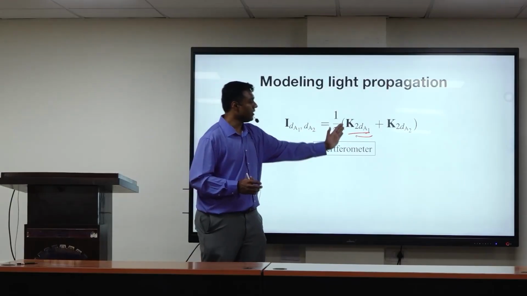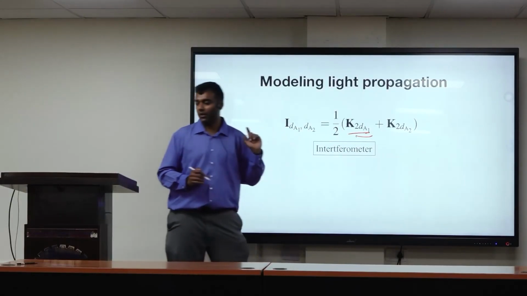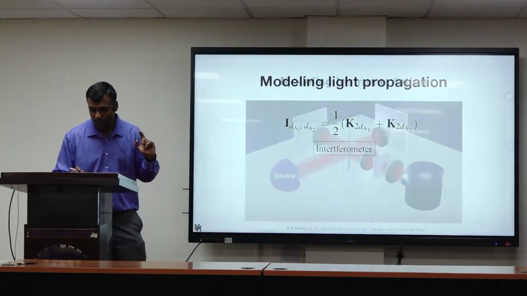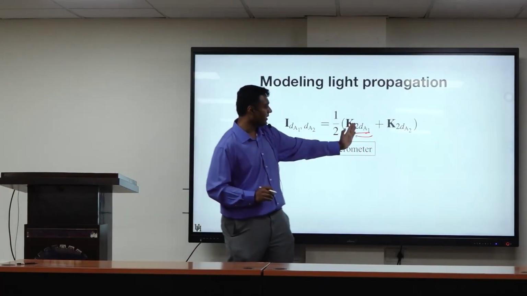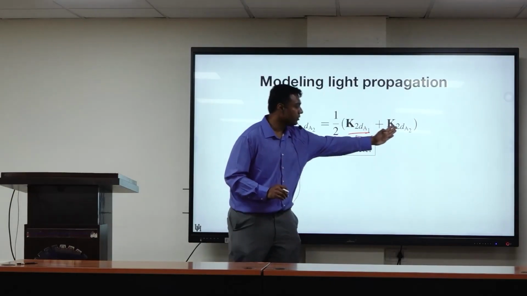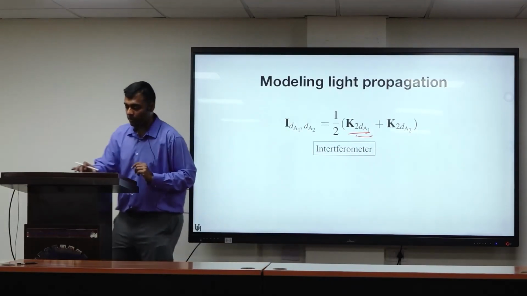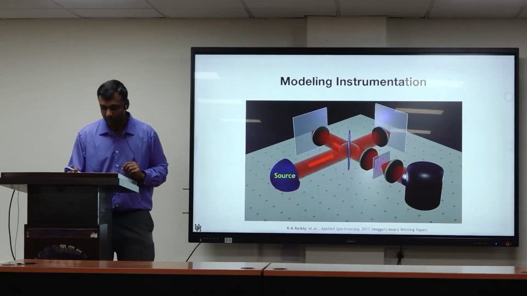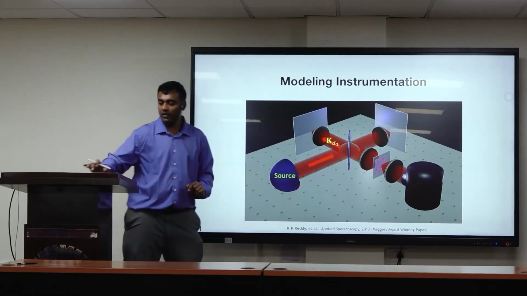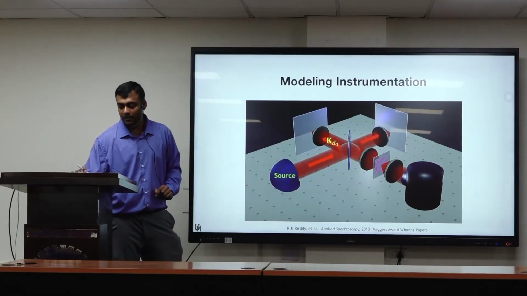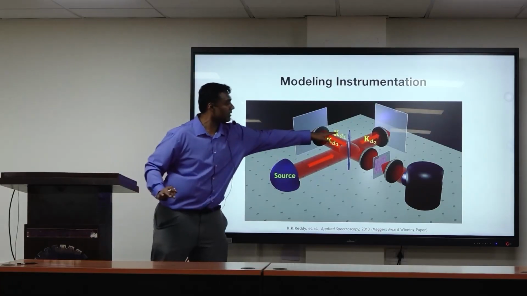It splits it into two. One travels a distance 2d1. Why is this 2? Let me show you that next. So it travels 2d1 and 2d2. Let me show you why. Light travels a distance d1 and light travels a distance d2 here, right? Light comes back here, and this is another d1.